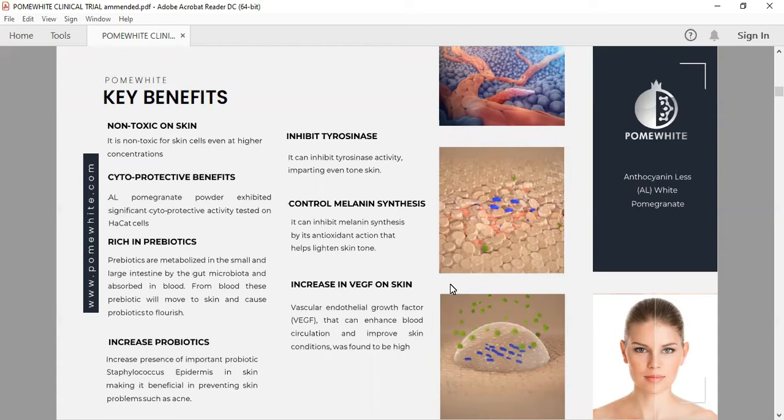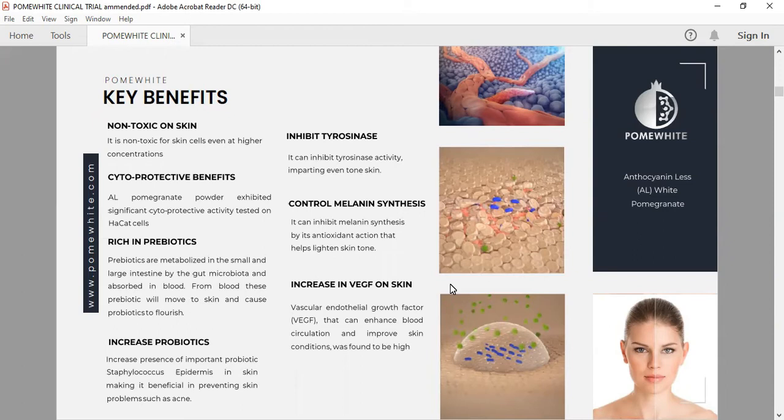This pomegranate is rich in prebiotics, and once this prebiotic content increases, it will obviously increase the gut microbiota, and then after absorption it will increase the skin microbiota, and this is how the skin probiotics are increased. Due to the increase in probiotics in the epidermis of the skin, it can prevent skin problems like acne.